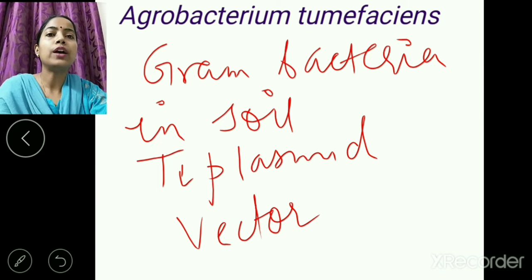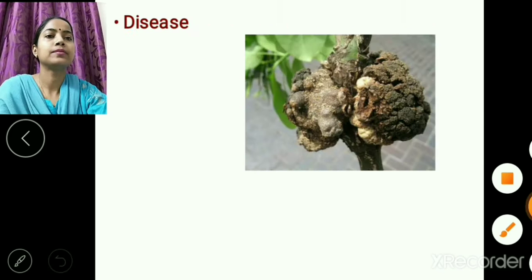Since we are learning the topic vector mediated gene transfer in plant cells, we have chosen the bacteria that infects the plant cells.